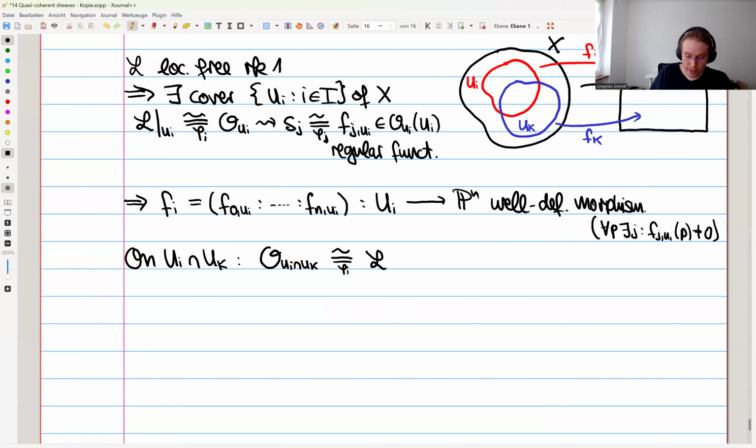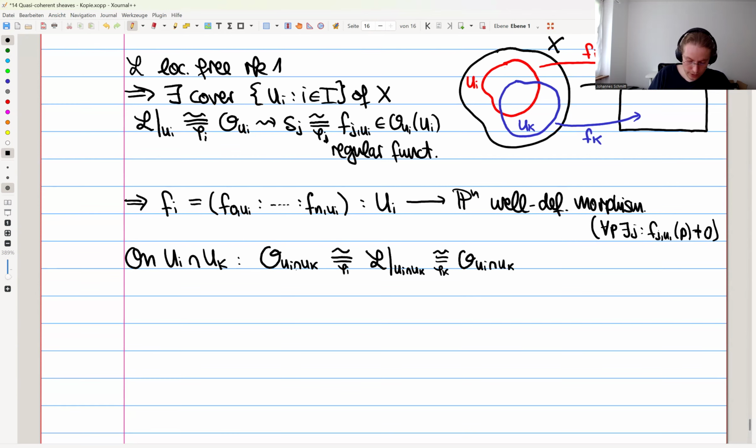If we start with the L restricted to U_i intersected U_k, we can once trivialize it by this map phi_i, and once we can trivialize it by the map phi_k. And if we compose these two trivializations, these two isomorphisms, then we get an isomorphism phi_ik.